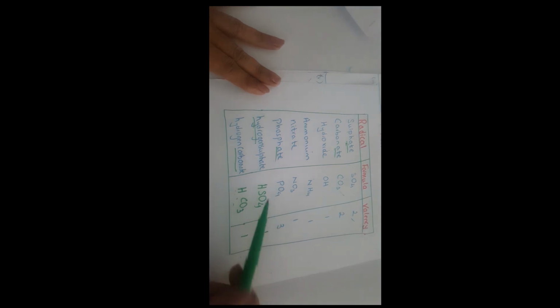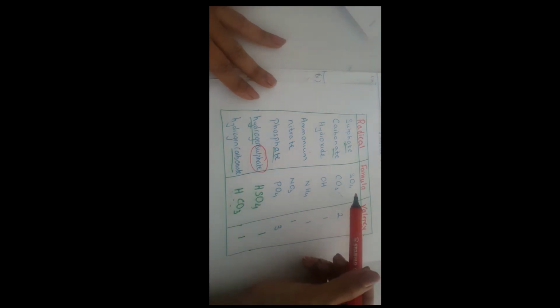Okay, just one thing before we end this. For hydrogen sulfate, you see the word sulfate here? Sulfate is SO4. Then in the front we have hydrogen. That's why I put the hydrogen. Now the valency of sulfate is 2, which means sulfate can combine 2 times.